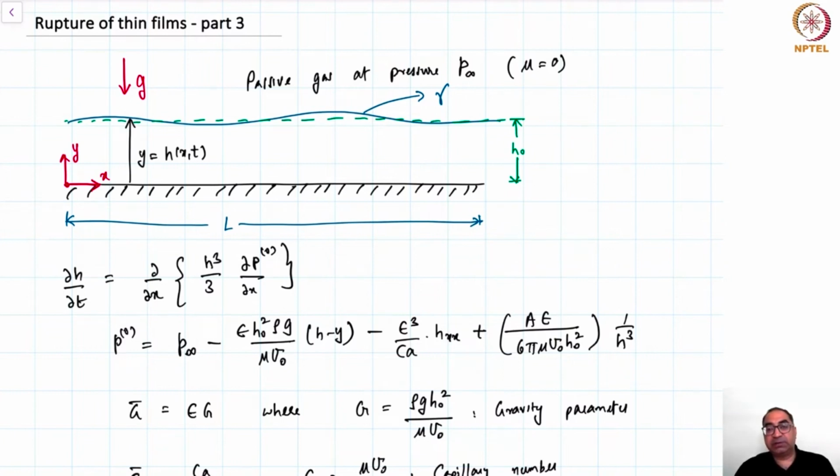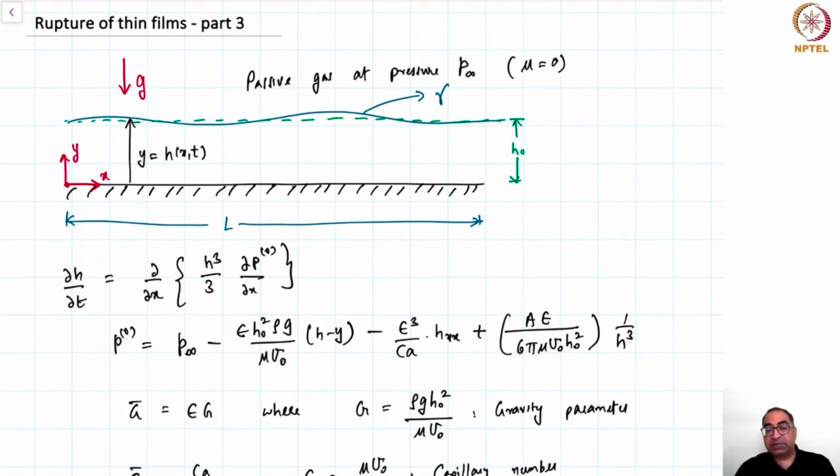We looked at the case where the Hamaker constant parameter was 0, and then we looked at the effect of gravity and capillary number. We found that if you do not have the Hamaker constant, if you do not have van der Waals forces, then gravity and capillarity would generally be stabilizing, unless it is the special case where we have an inverted thin film where we can have the Rayleigh-Taylor instability. And even in that case, surface tension would stabilize short waves and only the long waves become unstable.